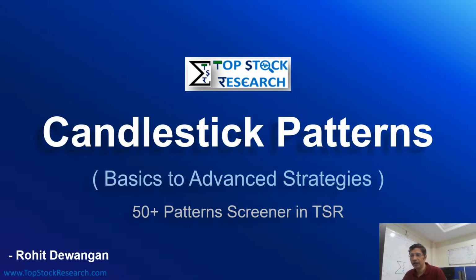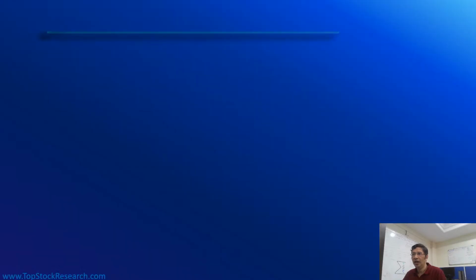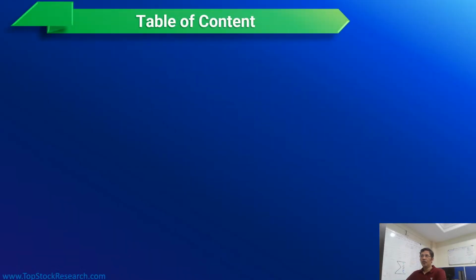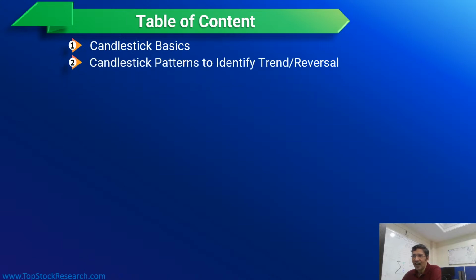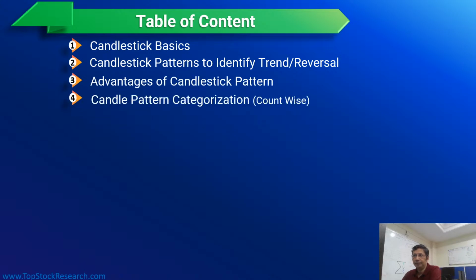Before getting into other things, quickly jumping into the table of contents, what we'll be covering: candlestick basics, candlestick patterns to identify trend, reversal, continuation, and so on. Some of the terminologies that we have heard in the price action session. Advantages of candlestick patterns, candlestick pattern categorization.